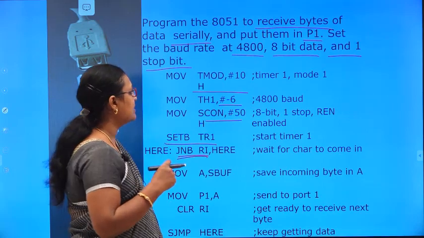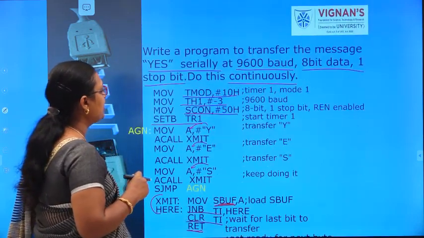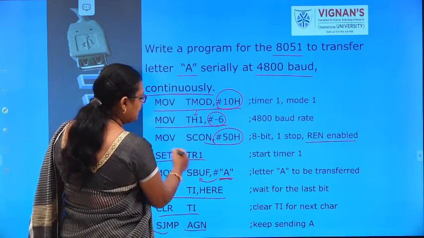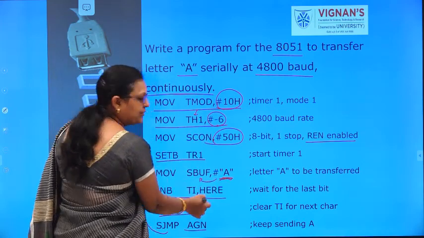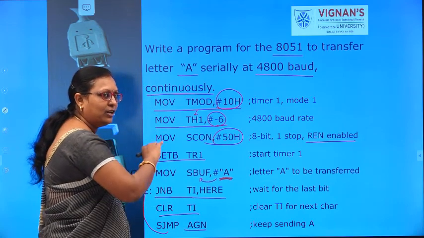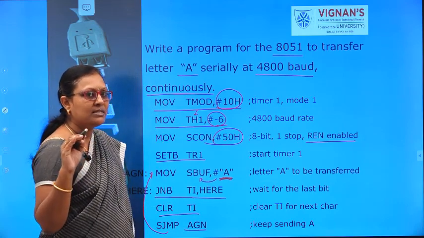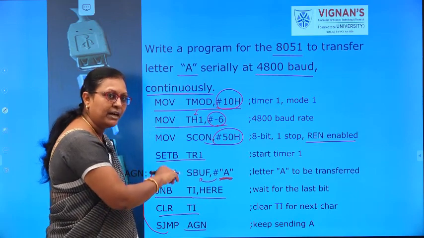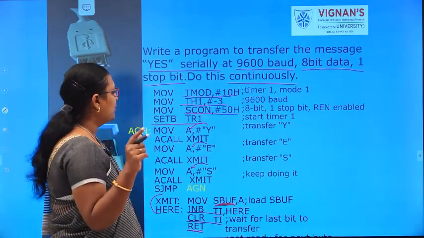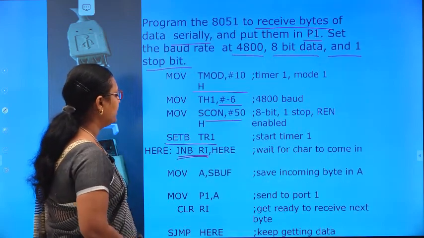In the previous program, the data which was transmitted was kept in the SBUF register. While receiving, what will be the process? From SBUF we have to take it to the location where we need it. So in this we are going to do that.